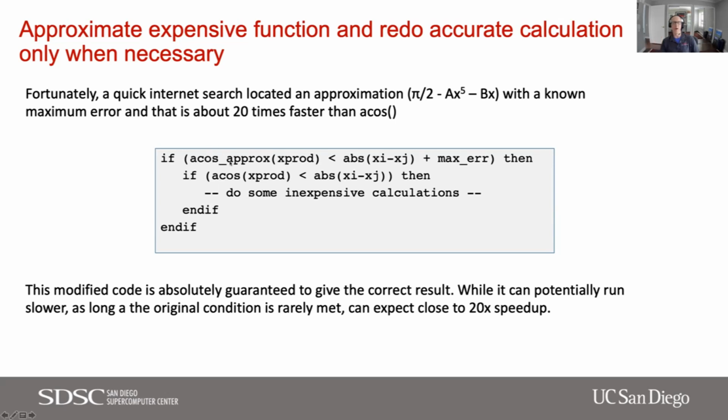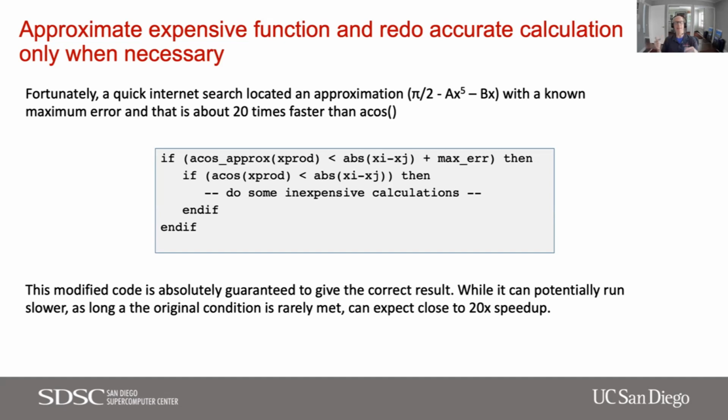So what we did was, first we did this faster calculation. We did our approximation to the arc cosine, and we compared it to the absolute difference between xi and xj plus the maximum error. And then if we found that that condition was true, we went back and redid the expensive calculation. So it may seem like we're doing a lot of work, but in this case, we were able to really minimize the number of those expensive calculations.